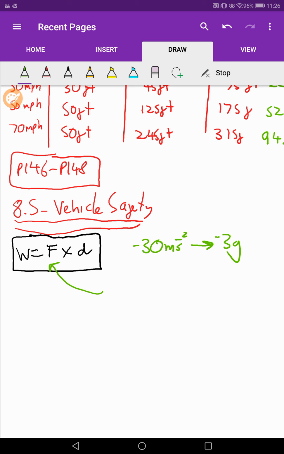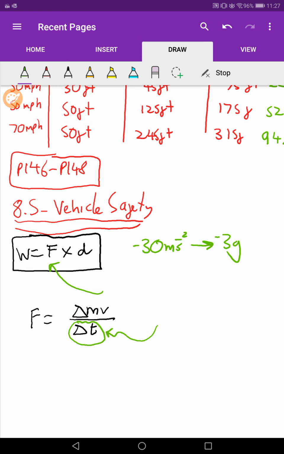Something that we do need to remember in this part is that force is the rate of change of momentum. So if we look here, we can change the amount of force that you feel by changing the impact time.